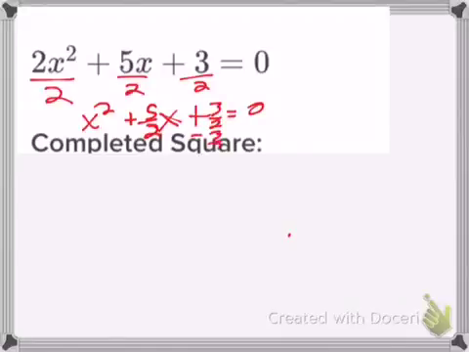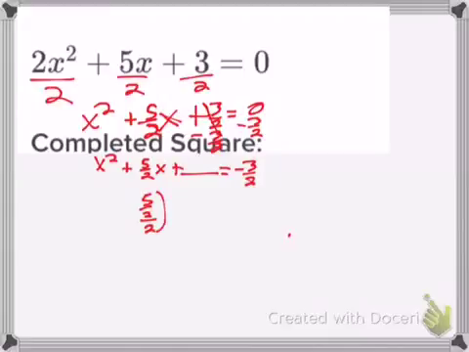Subtract 3 over 2 from both sides. We end up getting x squared plus 5 over 2 x equals negative 3 over 2. Now take 5 over 2, divide it by 2, and square it.